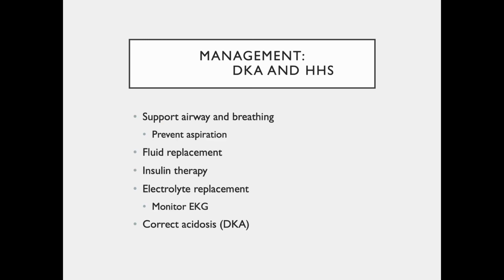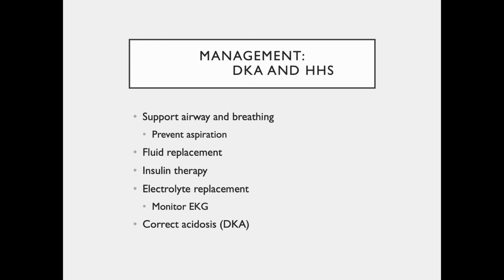So how do we manage these things? Well, we have to support breathing and airway. So oftentimes these patients are intubated and mechanically ventilated until we can get their metabolic derangement under control. We have to monitor electrolytes very carefully and replace them aggressively in some cases, monitoring the EKG the whole time.